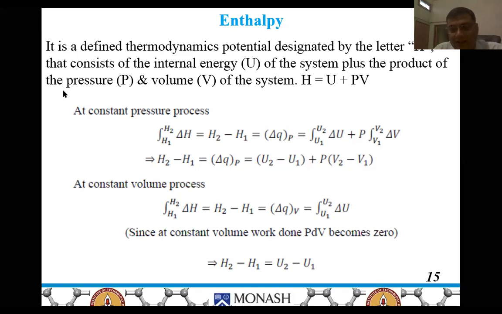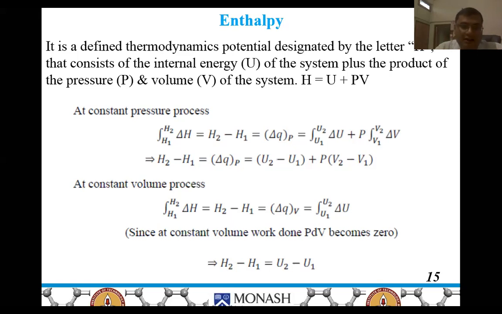Here we can say it's at constant pressure, so P came out of the integral. So H2 minus H1 is equal to delta Q_P. Delta U from U1 to U2 will be calculated as U2 minus U1, plus P times V2 minus V1.